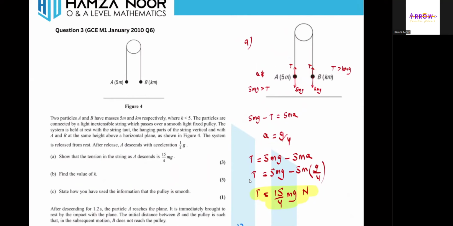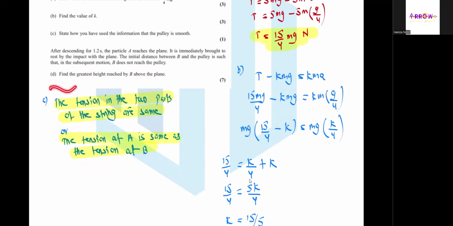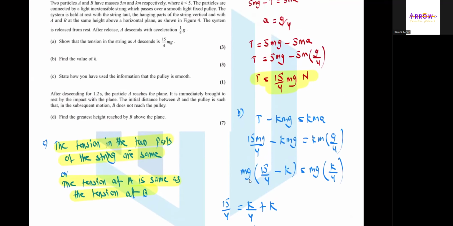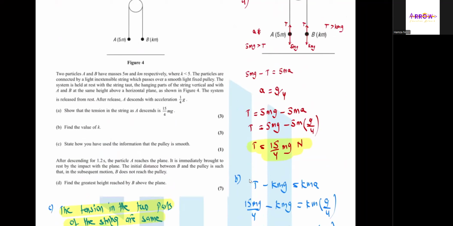It will have no friction, so the tension magnitude will be the same on both sides of the pulley. So our answer is that the tension in the two parts of the string is the same, or the tension at A is the same as the tension at B, or the tension is the same on either side of the pulley. This is amongst our basic assumptions when we are dealing with pulley questions.